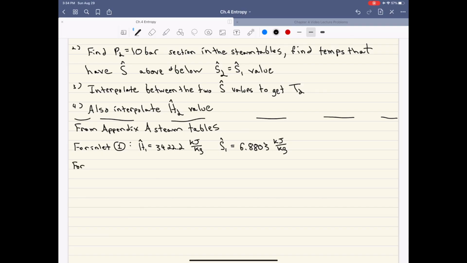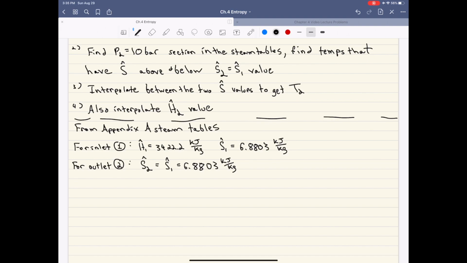Alright, and from our entropy balance, we know that for the outlet, our entropy S2 is equal to the entropy S1, which is 6.8803 kilojoules per kilogram Kelvin. Okay?